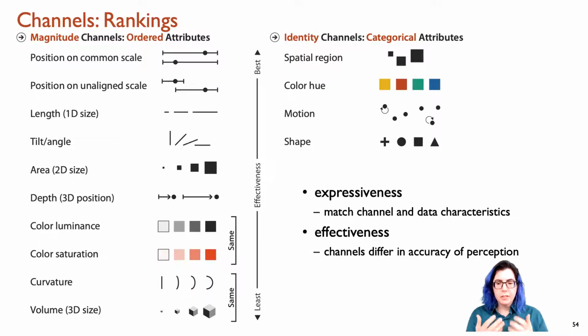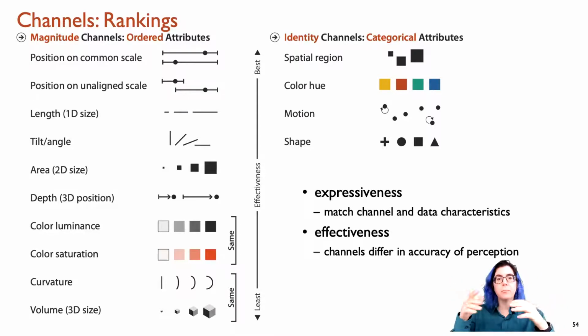In addition, as I said before, these channels are not all created equal. I've got a layering here, a ranking, where the best ones are at the top and the less good ones are further down, because these channels really have different abilities to convey information to the human perceptual system. A thing to notice is that spatial position is very high both on the magnitude channels and on the identity channels.